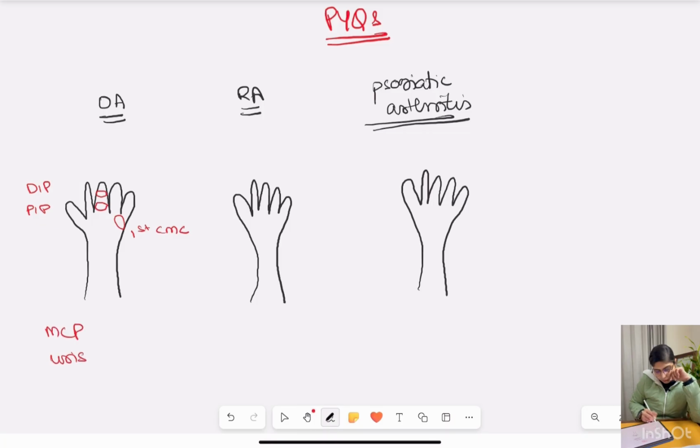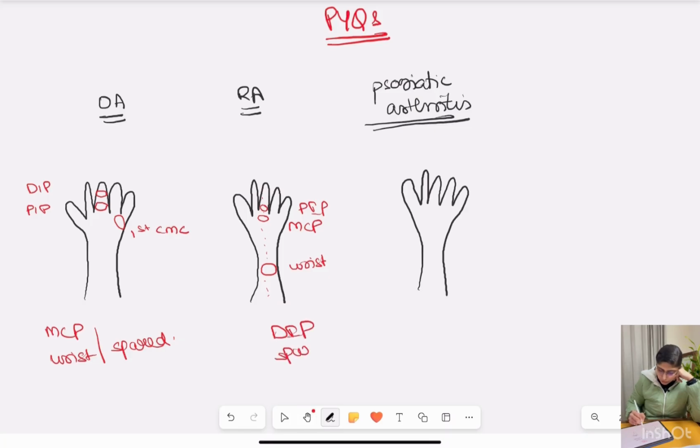MCP and wrist are the joints that are spared. Now, if I talk about rheumatoid arthritis, then wrist is involved, PIP is involved and MCP is involved. So, wrist, MCP and PIP, these are in line. Please remember, in line. Remember this, rheumatoid arthritis.